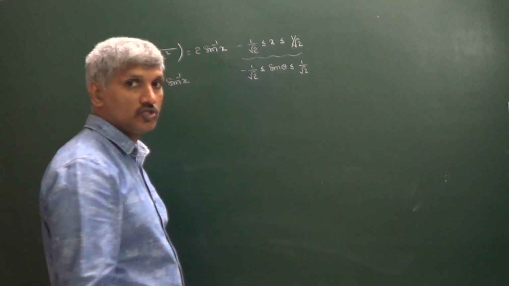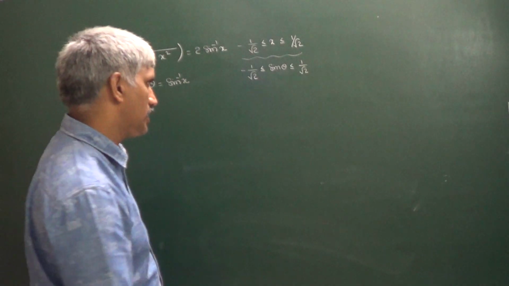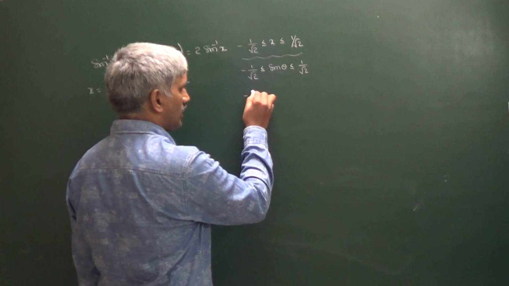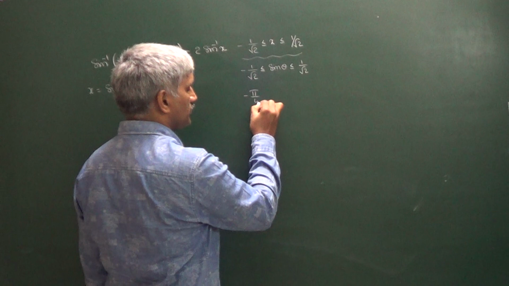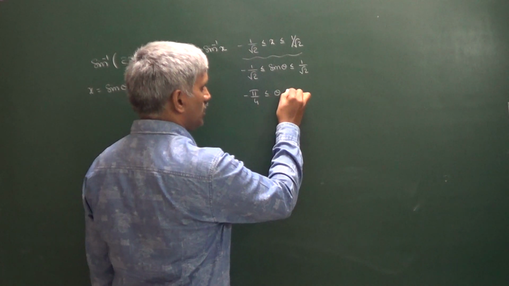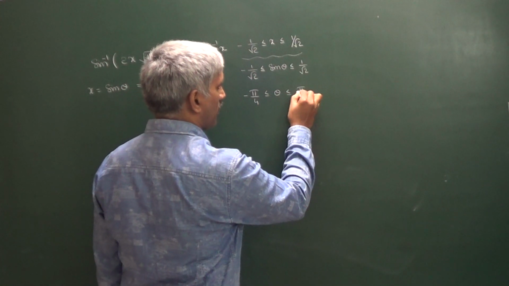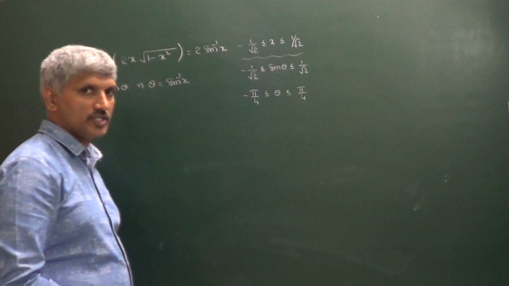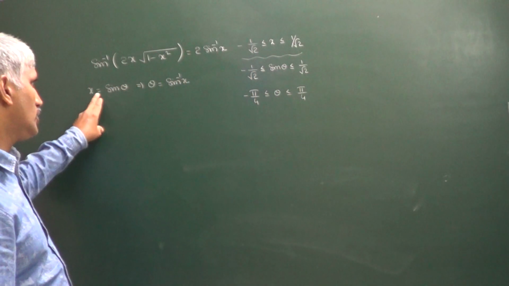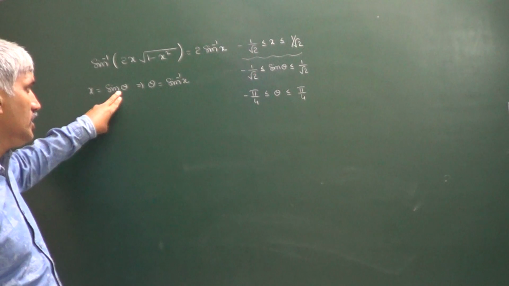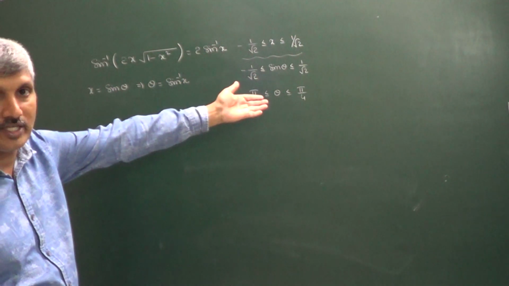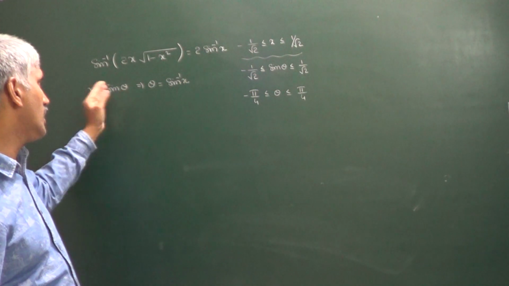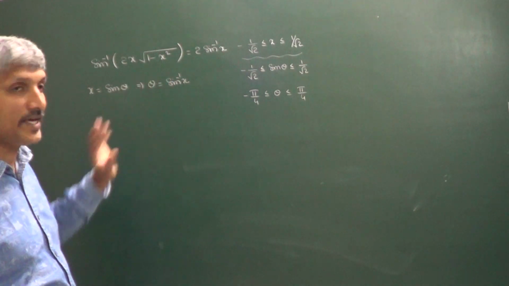Now we can write this as minus pi by 4 less than or equal to theta less than or equal to pi by 4. That is the reason whenever x is equal to sine theta, theta is there in the principal branch only. That's why we can write theta is equal to sine inverse x.